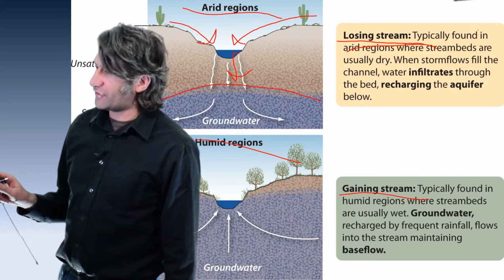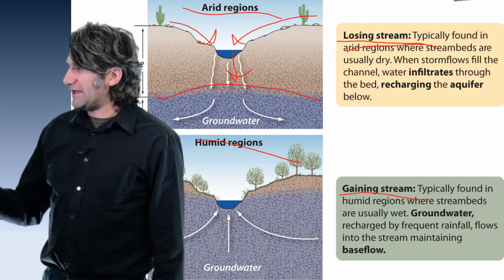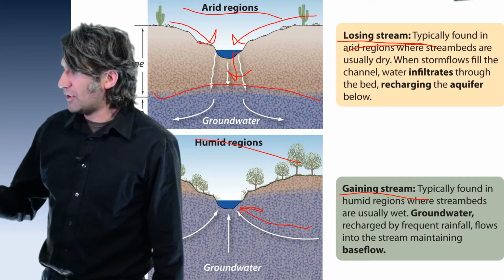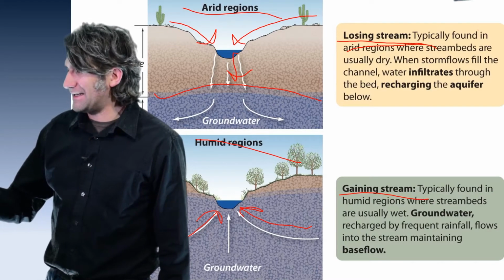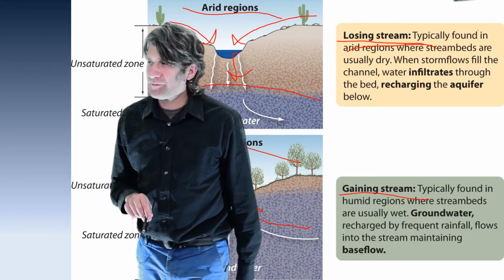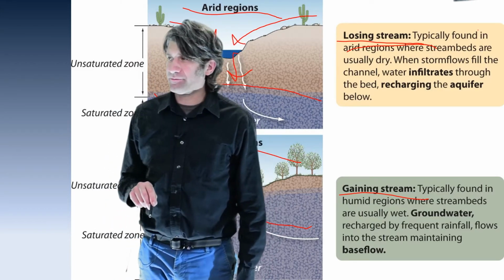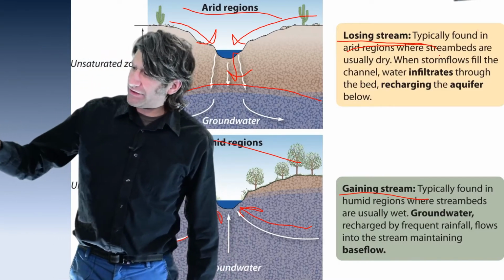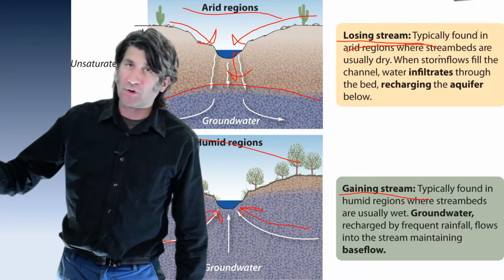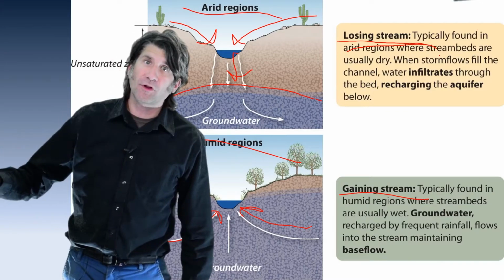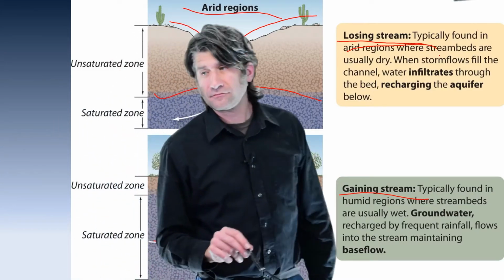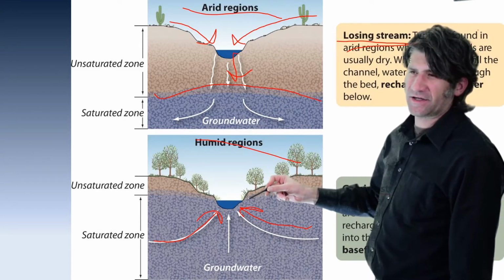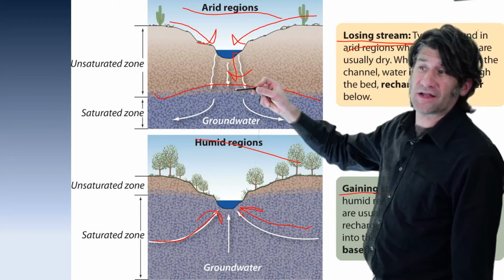In a gaining stream, even when it's not raining, there's water in the channel, because we have groundwater that's flowing into the channel. So, gaining versus losing stream. Essentially, it depends on whether your groundwater table is at the surface or below the surface. So surface here, a gaining stream, and then below the surface down here.